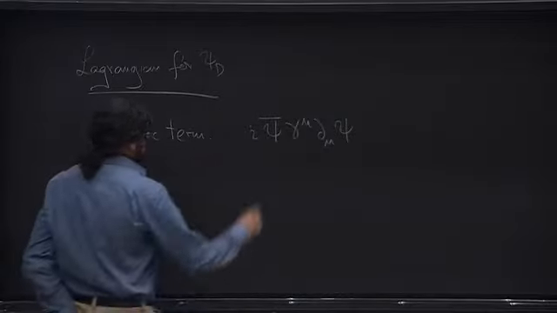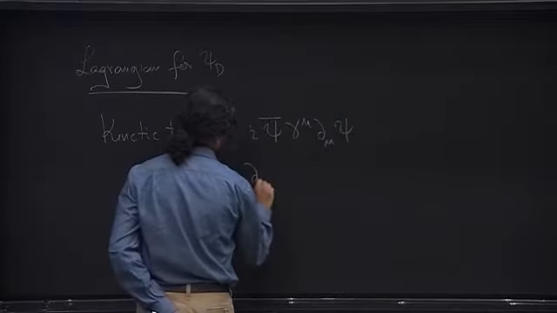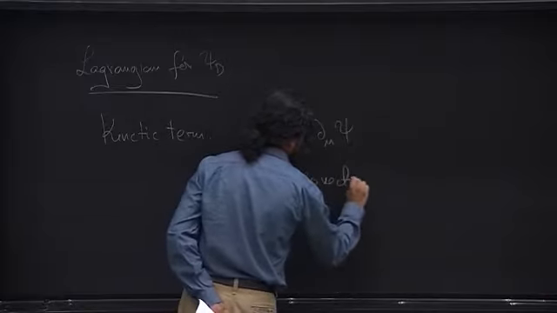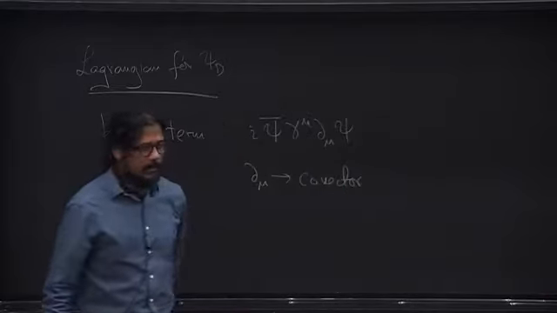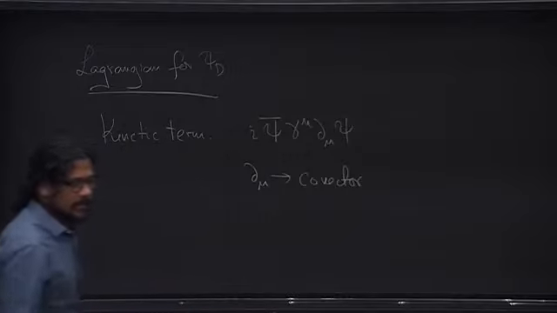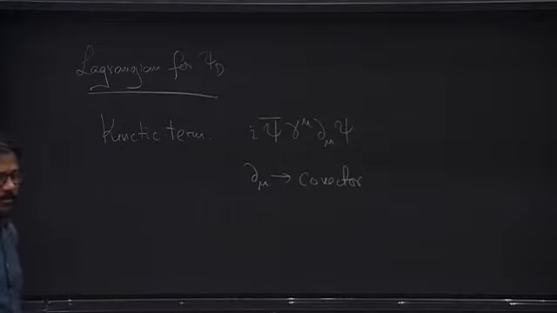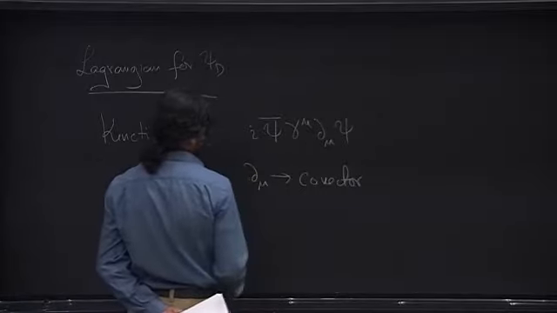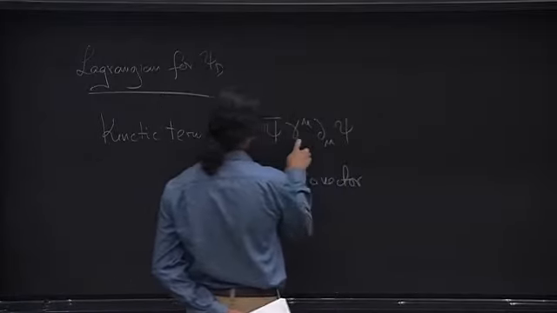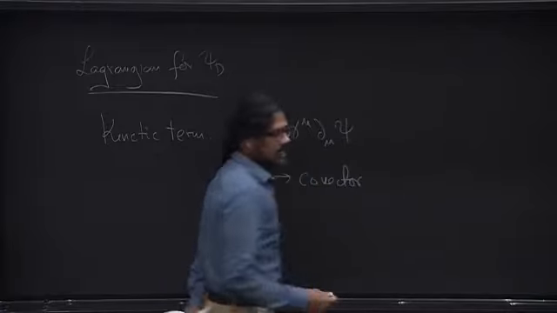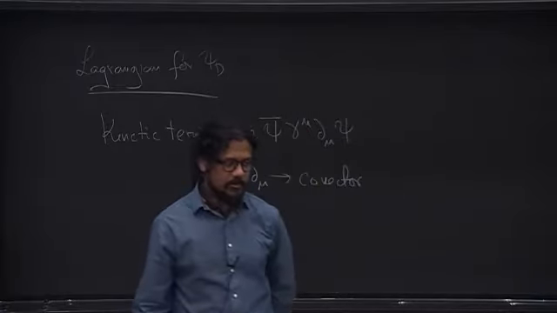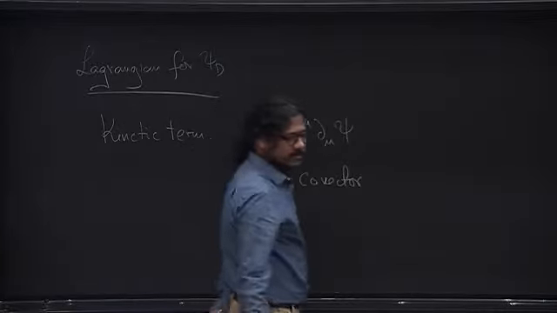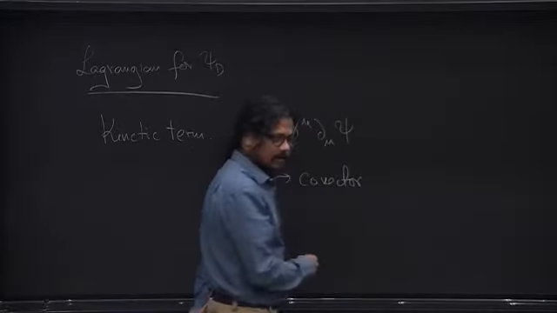You know that this actually transforms like a covector. I think Neil told you about covectors and vectors, right? And the rest of these, psi bar gamma mu psi, transforms as a vector under Lorentz transformation. And therefore, this thing transforms as a scalar.